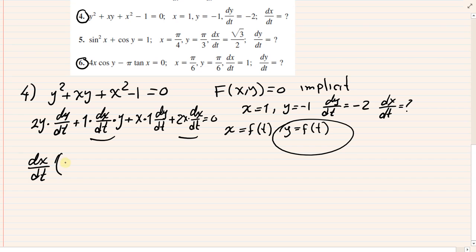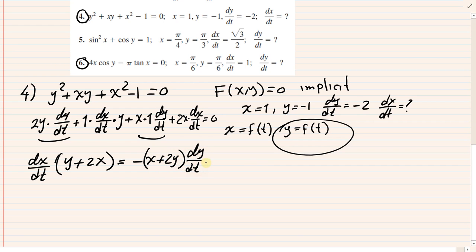That's going to make it y plus 2x: y out of this one, 2x out of the last term. And then let's take the dy/dt terms to the other side, so they change sign. They become negative of x plus 2y, times dy/dt. True? And that's what we have.